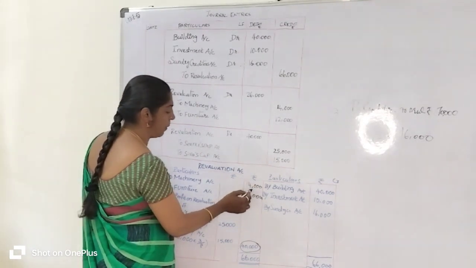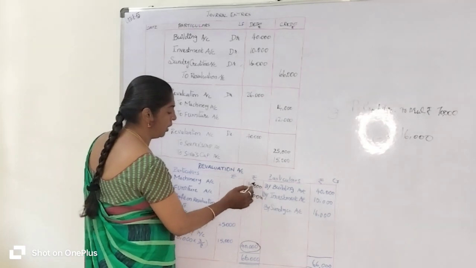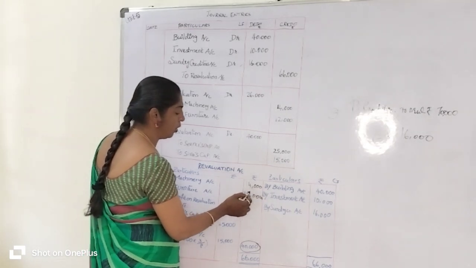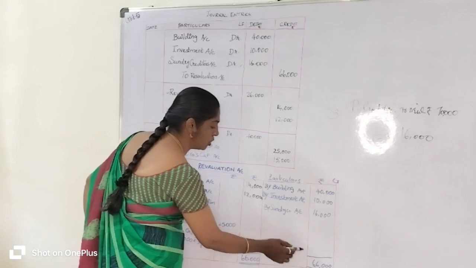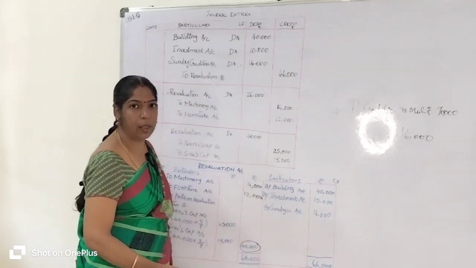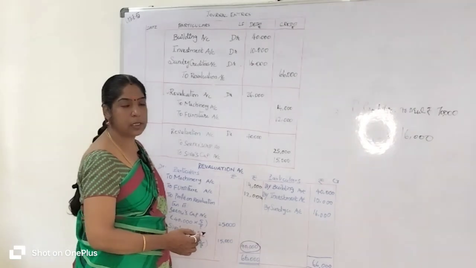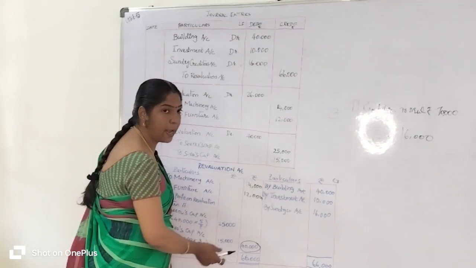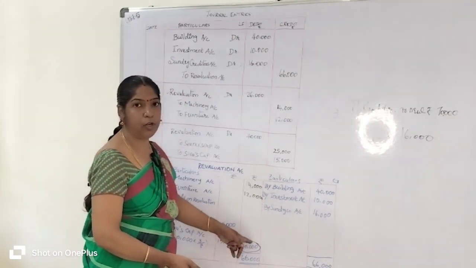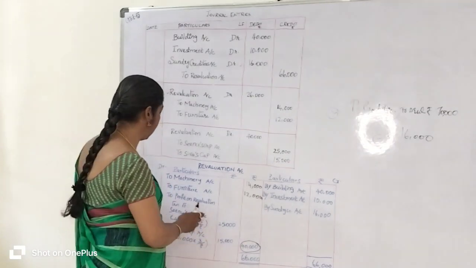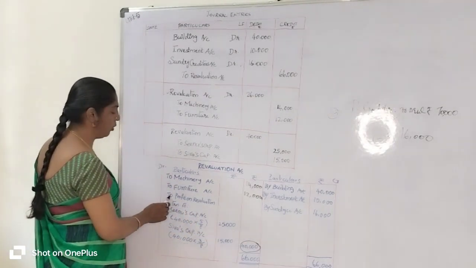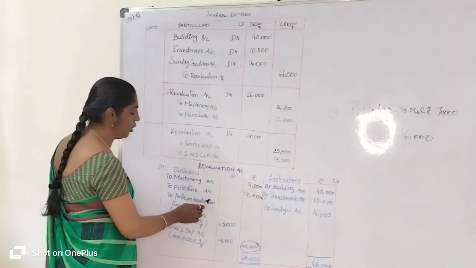You have to sum up this amount, and you will get 26,000. Then you subtract that 26,000 from 66,000. After subtracting, you will get 40,000 rupees. That 40,000 rupees is the balancing figure. This is called the profit on revaluation. So you have to write profit on revaluation.